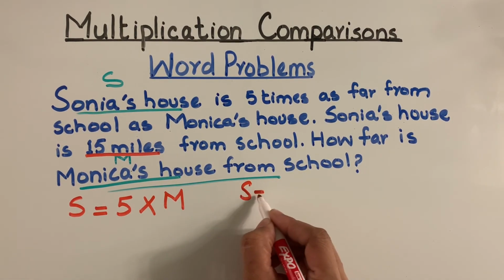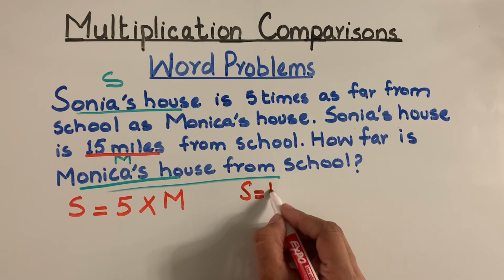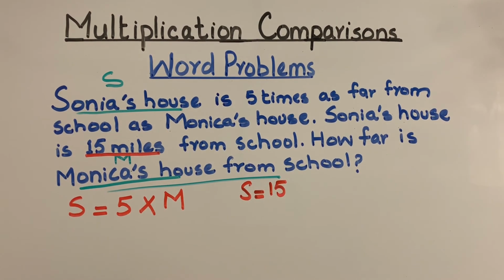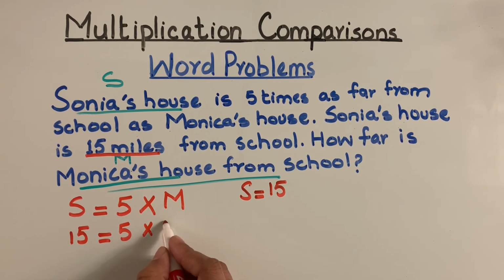Sonia's house is 15 miles from school. So we're going to rewrite this equation. Let me put this 15 for this S, Sonia's house from school, which is 5 times as far from school as Monica's house.